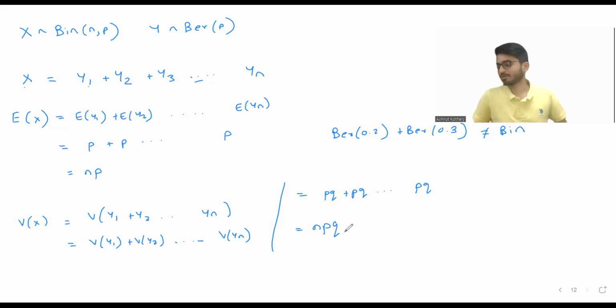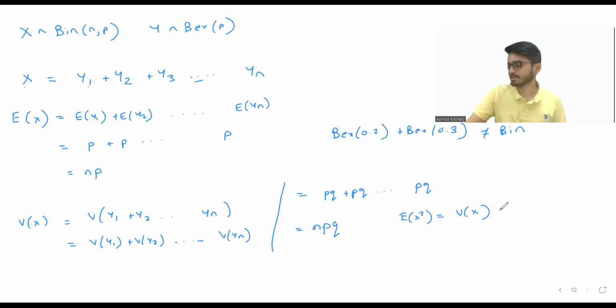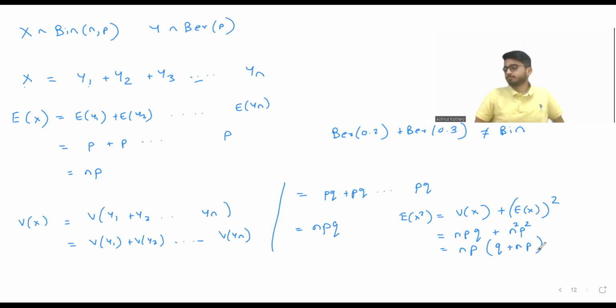And I can tell you the result. We know that expectation of x square is nothing but variance of x plus expectation of x whole square. So npq plus this is going to be, and if I take np common, I will be left with something of this form, or you can just leave it till here.